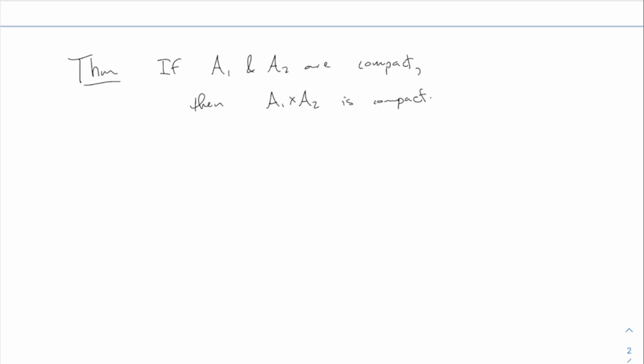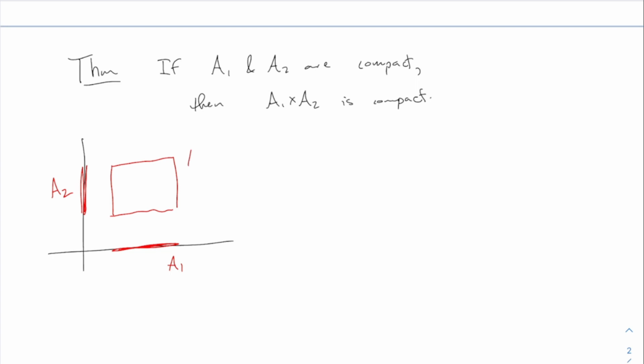All right. So the picture that you should have in mind is something like A1 and A2 are sets that you're going to take the product of, which the only really nice way to draw a picture of is if A1 is some kind of set in the x-axis and A2 is a set in the y-axis. And then the product looks like some kind of a box. In this example, it looks like this.